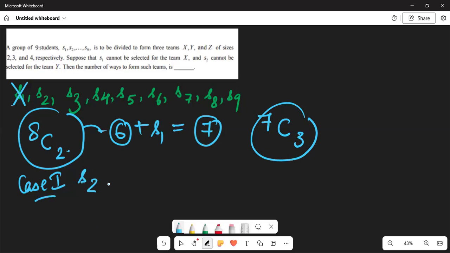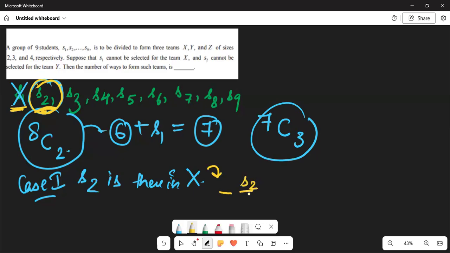So case 1 says that S2 is there in X. While choosing the students for X, I have already decided that S2 is there in X. See the yellow ink, yellow color: S2 is taken in X, and S1 should not be there in X. We have to fill 2 slots for X. S2 is fixed here.